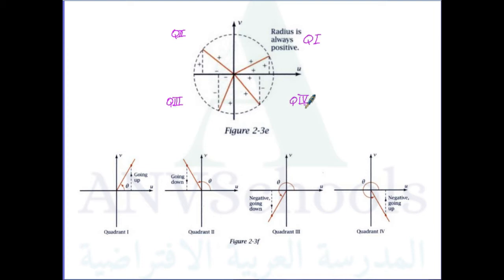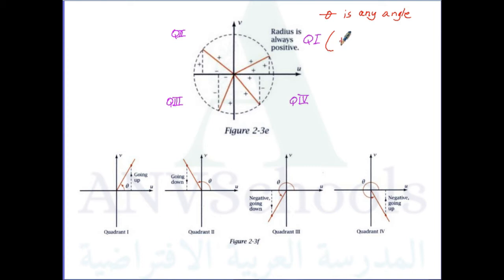Okay? So given that our angle is theta, any angle, then in quadrant 1, and take note of this, this is very important, your x is positive and your y is positive.